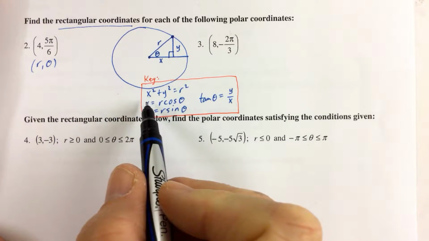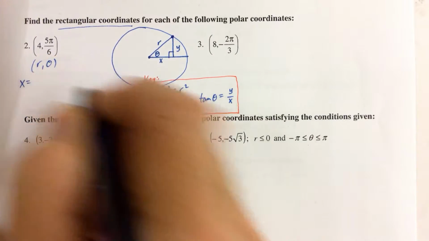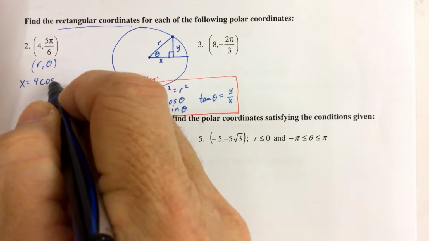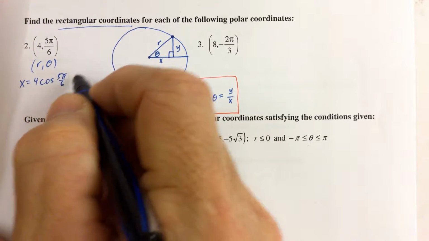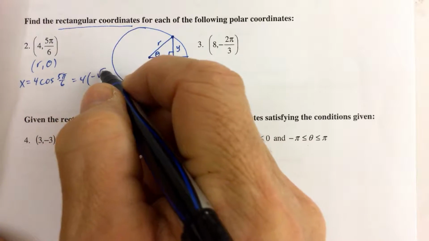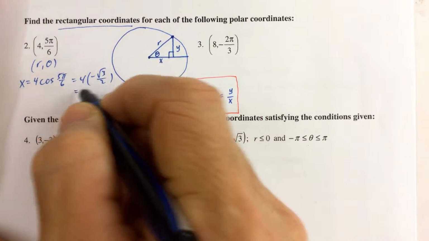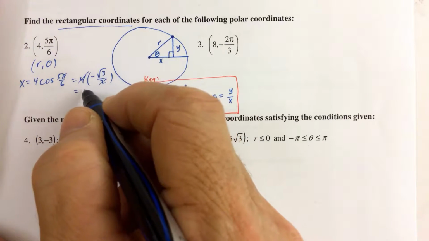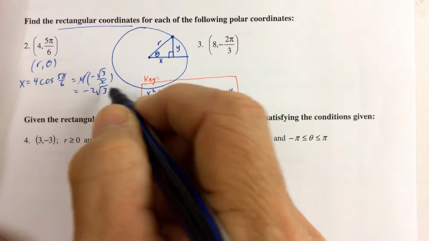And we know that if we want the x, that's r cosine theta. So the r is 4, theta being 5 pi over 6. We know that the cosine of 5 pi over 6 is negative radical 3 over 2. So we get that x is equal to, 2 goes into 4 2 times, and so we get negative 2 radical 3.